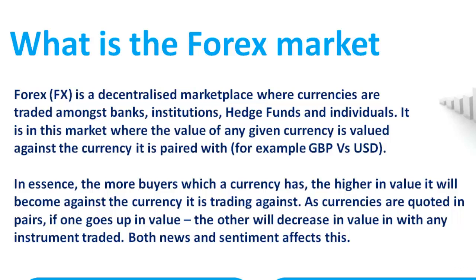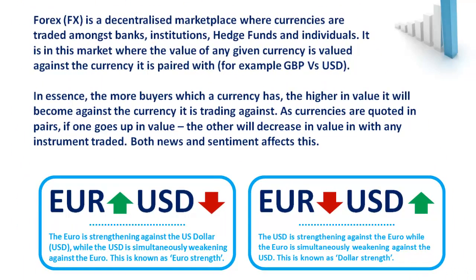But in terms of just looking at currencies on their own, just like with stocks, the more buyers a currency has, the higher it will go against the currency it's termed with. Essentially, you won't see a currency on its own, but you'll generally see a currency paired up with another one, for example, euro-dollar.